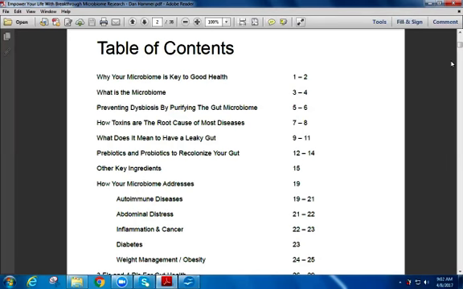Understand that as I go through this ebook, the whole purpose of the ebook is to help you create interest. And as you create interest in people wanting more information about the microbiome, you can use this as a resource tool to send to them, to have a reason to follow up with them.